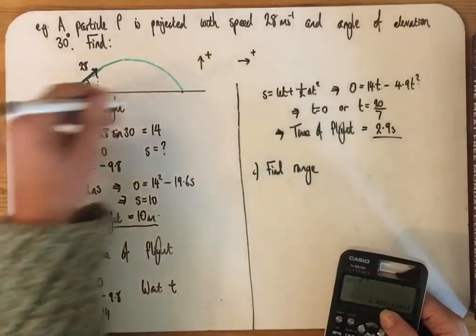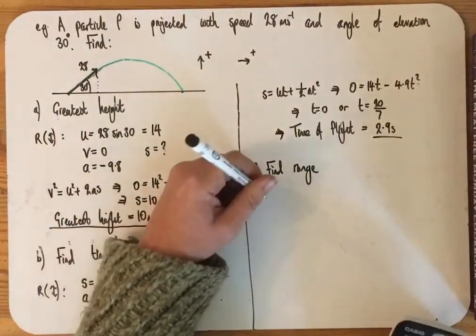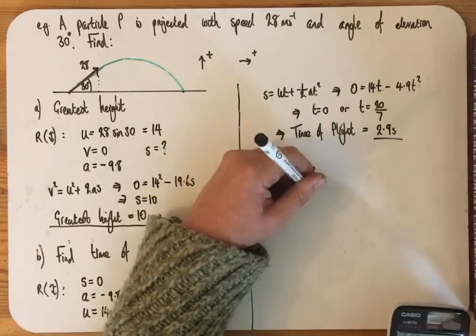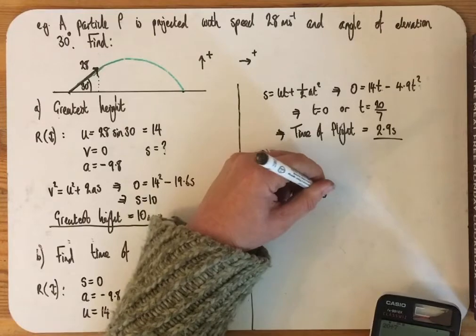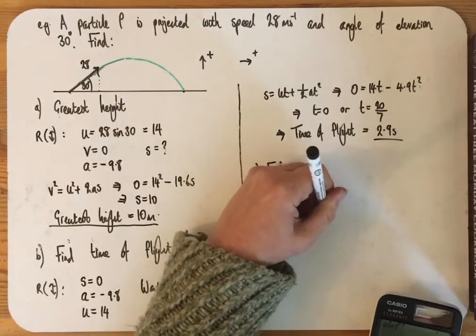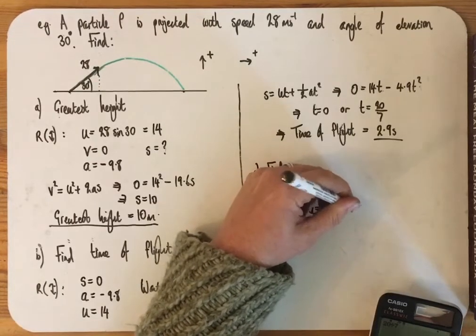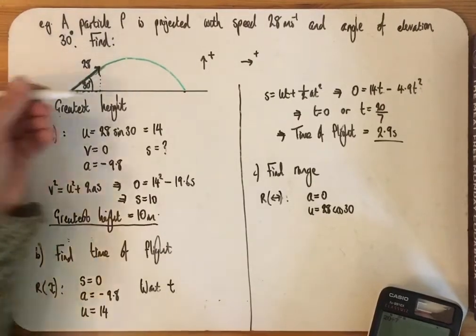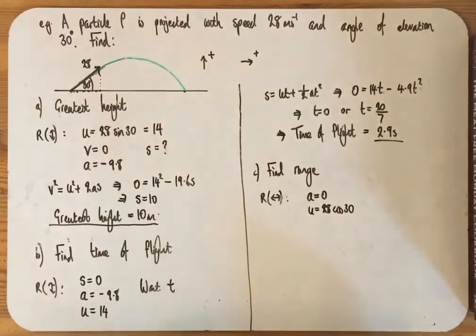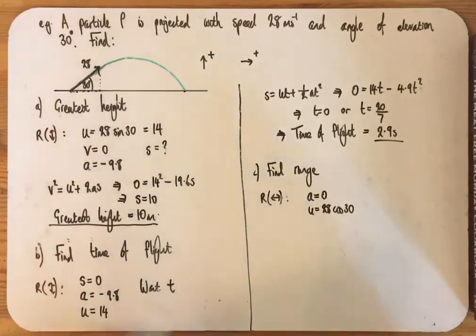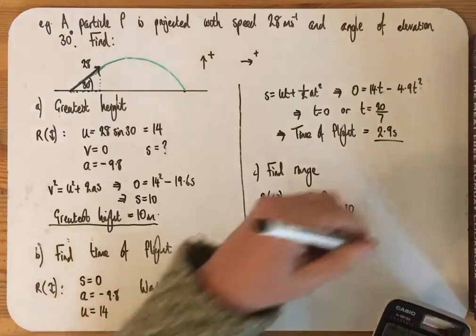So that's the horizontal distance travelled. So we're resolving horizontally. You don't necessarily need to write this down, I've said this before, but horizontally the acceleration is equal to 0. u is equal to 28 cos 30, because we want the bit of the velocity that's travelling in the horizontal direction, and that's the adjacent to the initial speed. 28 cos 30 is 14 root 3.